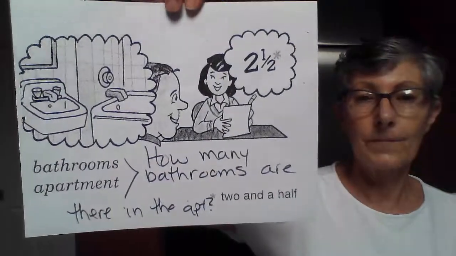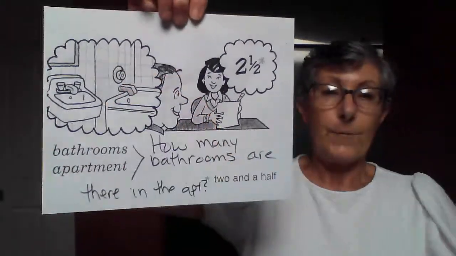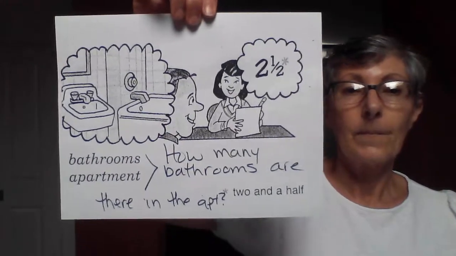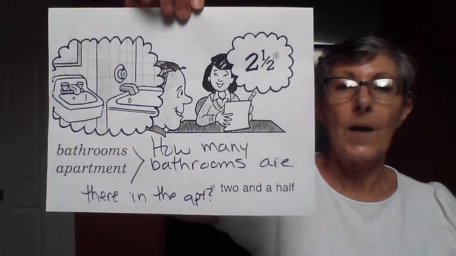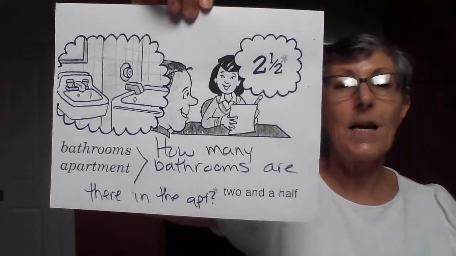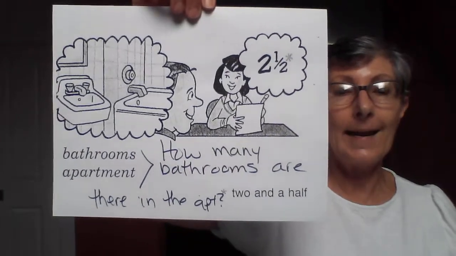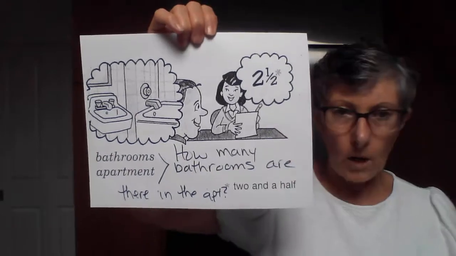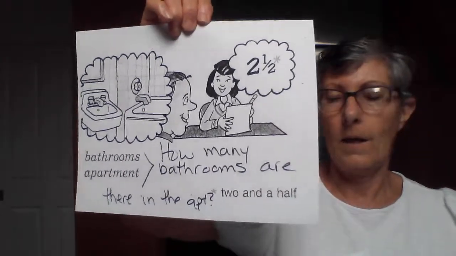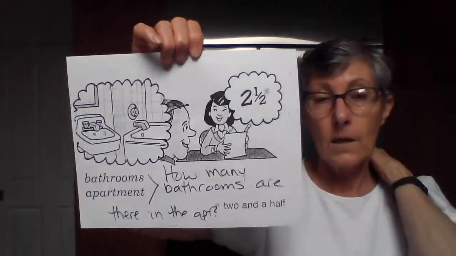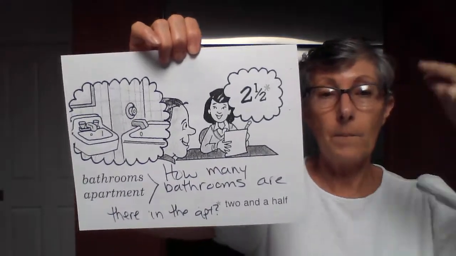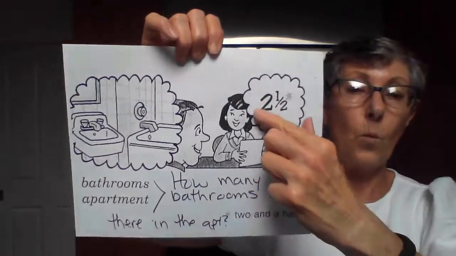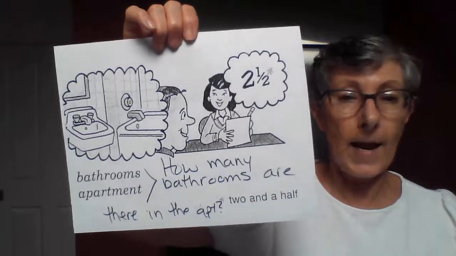And the last one is bathroom. Okay? So, how many bathrooms are there in the apartment? I will type in why this is 2.5.